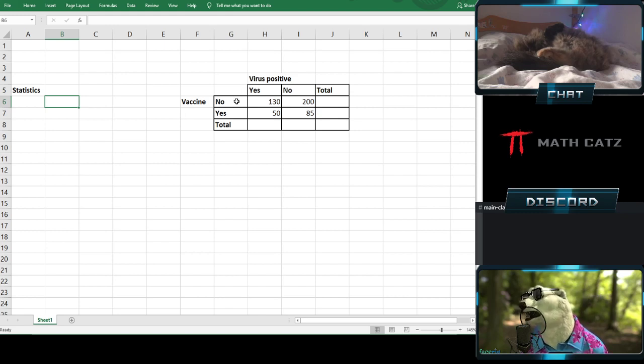Not getting the vaccine is potentially placing you at risk for getting the virus, more so than getting the vaccine. But regardless, there is always a chance of getting this virus, of getting sick, right? So in both cases, there are some people in all possible categories.